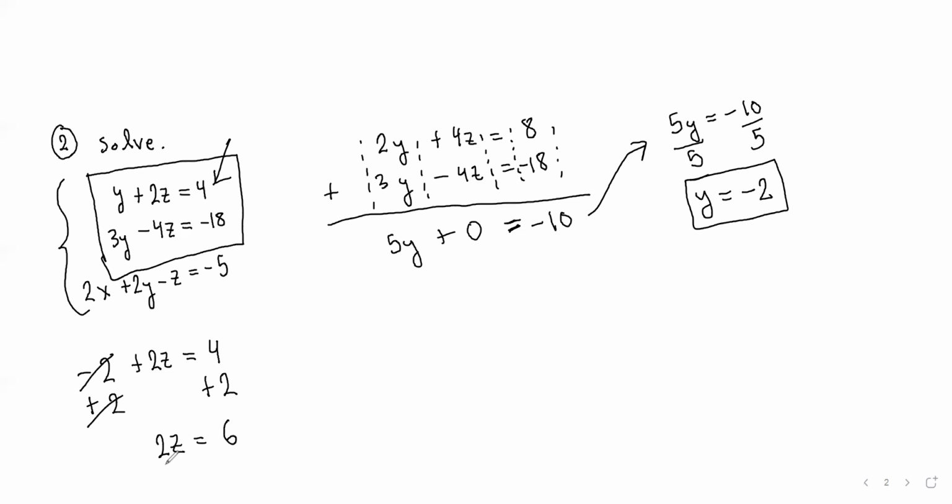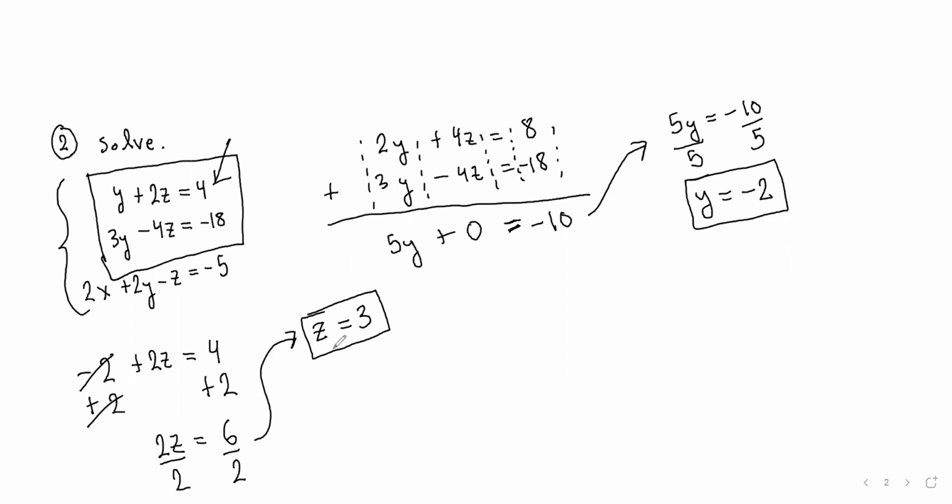And so to solve for z, we just divide both sides of the equation by 2. So 2z over 2 is just the z. 6 over 2 is 3. So we have our second variable, z equals 3.